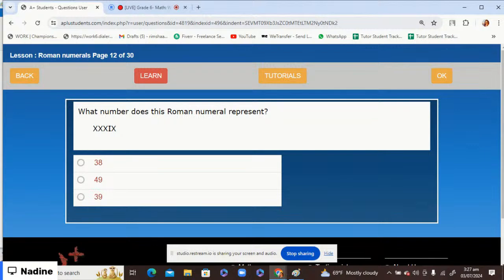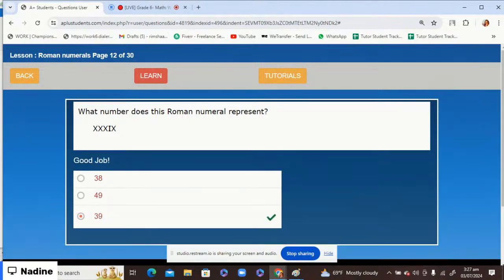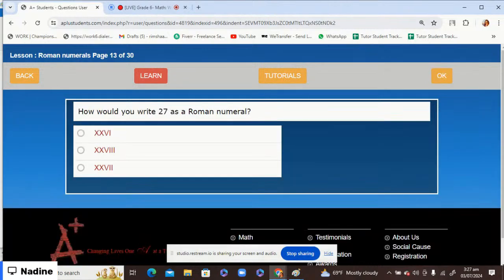So which option is here? Think about it, then tell me. Option A, B, or C. Good. Very good. Okay. Very well done.